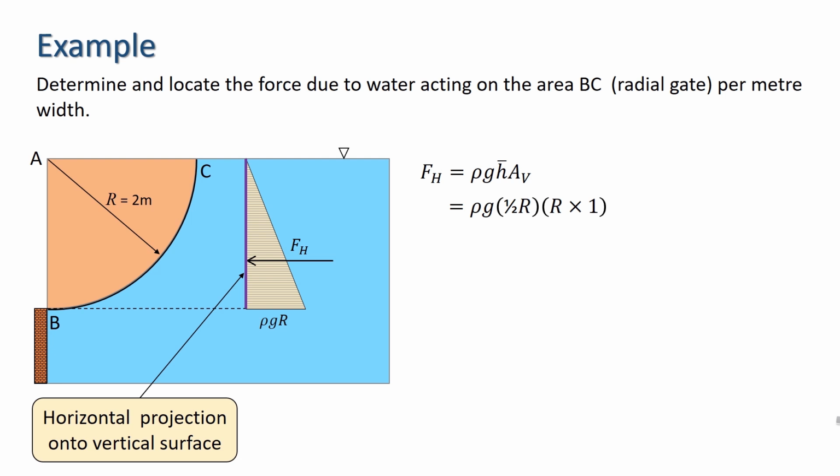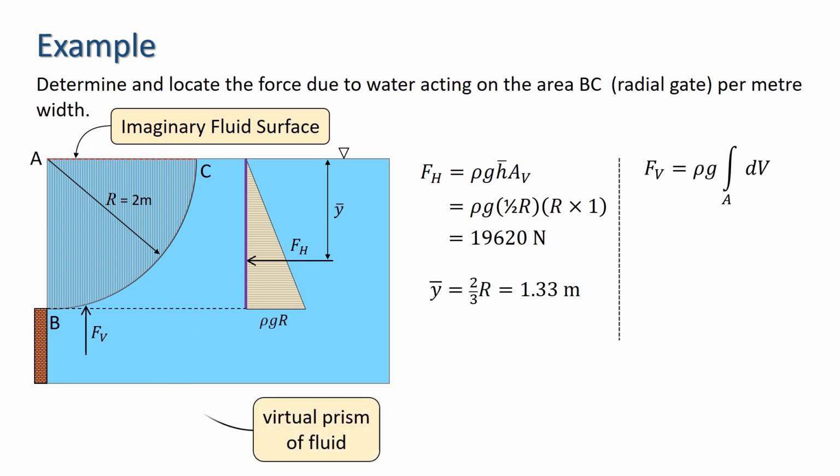Taking the density of water to be 1000 kilograms per metre cubed, and acceleration due to gravity as 9.81 metres per second squared, we have 19,620 newtons. The line of action of the horizontal component of force is the centre of gravity of the pressure diagram, which is 2/3 r from the water surface since it's a triangle. Thus y bar is 4/3 of a metre.